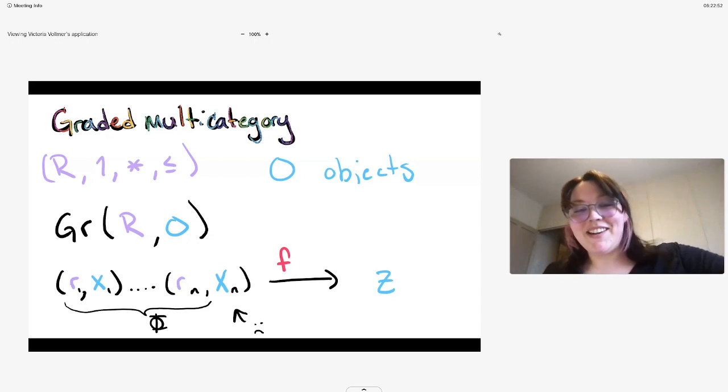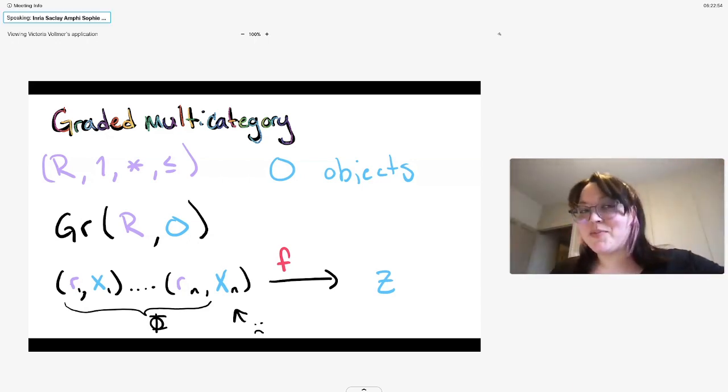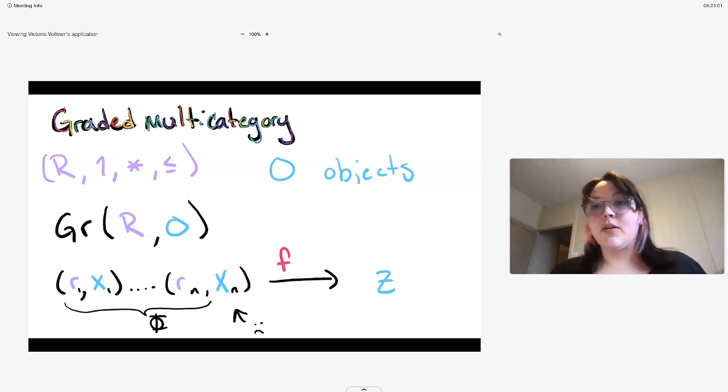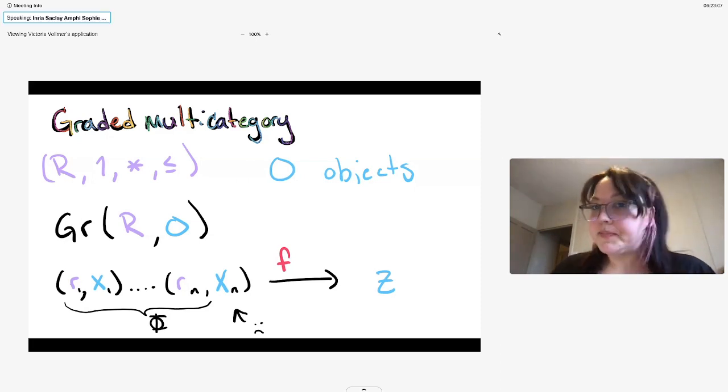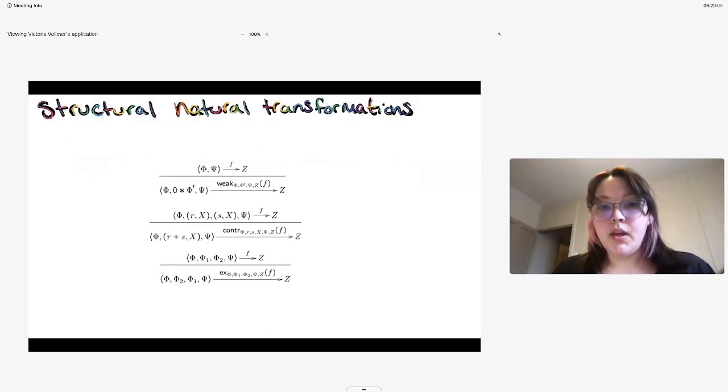You have your objects and your algebra, and it's just like a regular multi-category where you have a list of inputs for your multi-arrows, but this time each of the inputs is being acted on by something from this algebra.